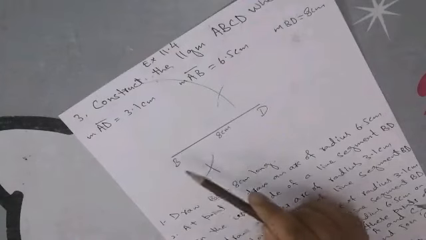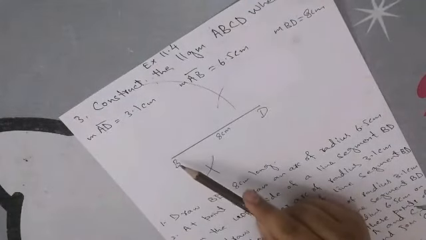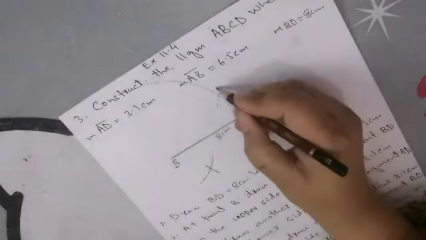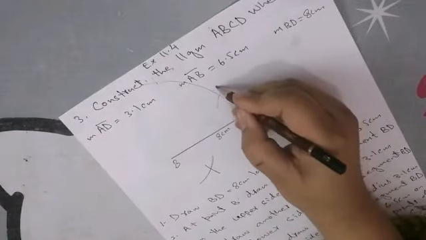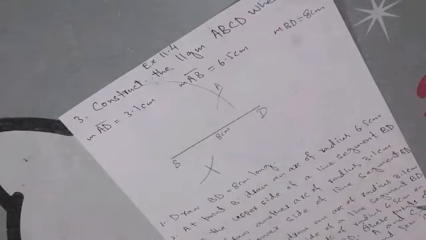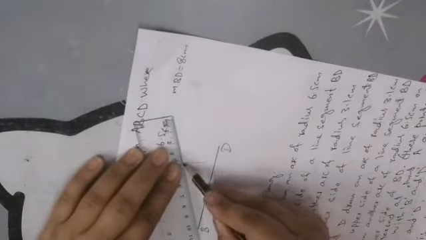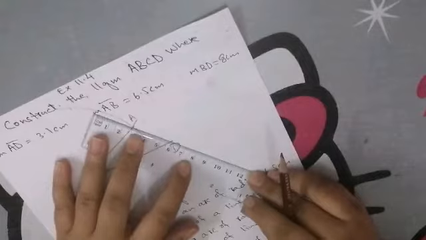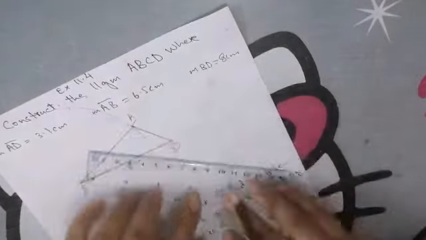You know that AB is 6.5, so this is point A. A, B, C, D we are going to draw. This is point C. So now join A with B and D. Join C with B and D, and this is step of construction number 4.